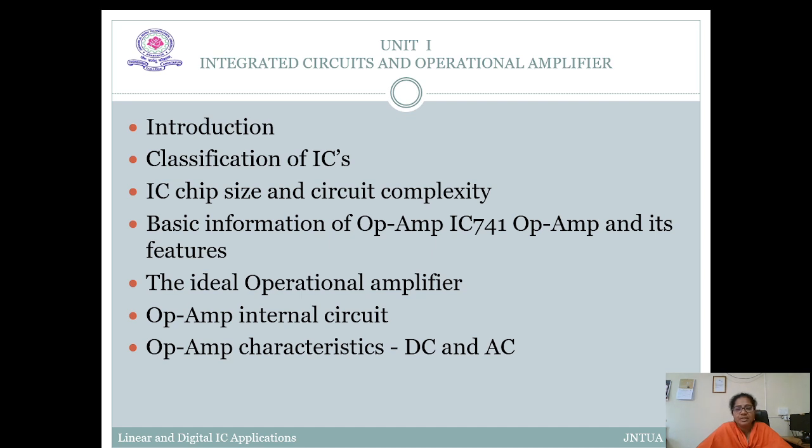Before that, we should know we are using so many electronic gadgets in our present life. Without a phone, we can't, right? Without a laptop, we can't. So how is the size of those electronic gadgets minimized every day as technology increases?